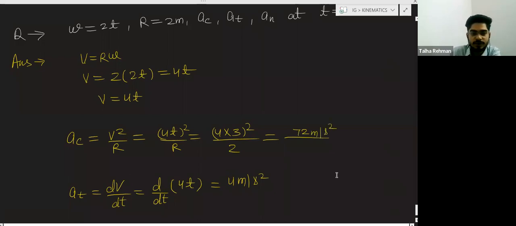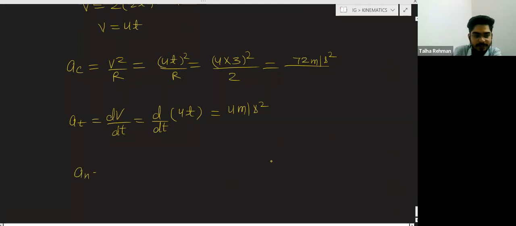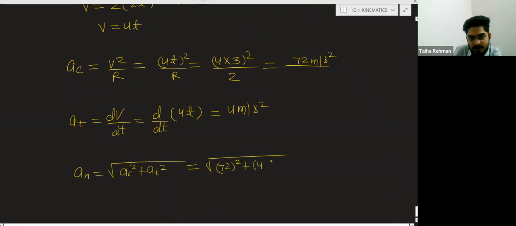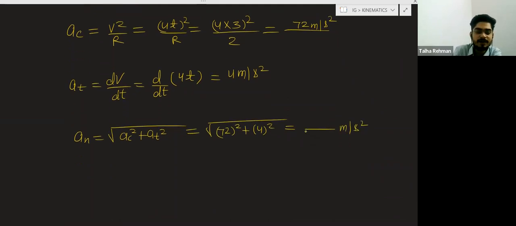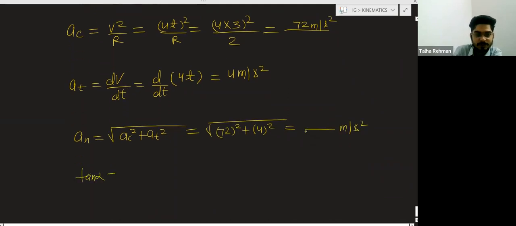Okay, so net acceleration, how will you find the net acceleration? Root of centripetal acceleration square plus tangential acceleration square. So this will become 72 square plus 4 square. Okay, so this will be your answer. If you want to find the alpha, tan alpha, so you will write AC by AT.